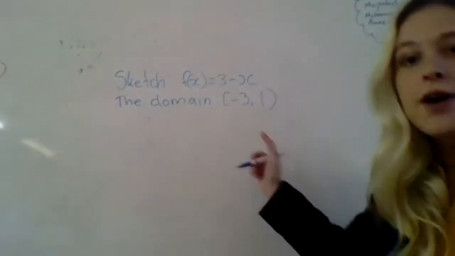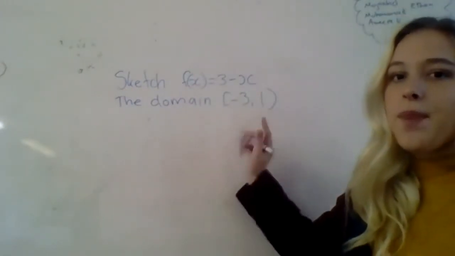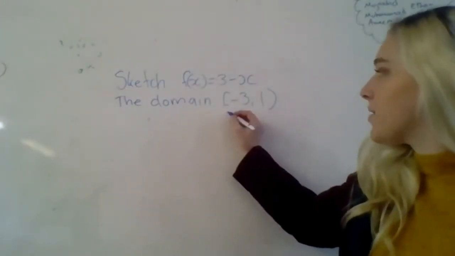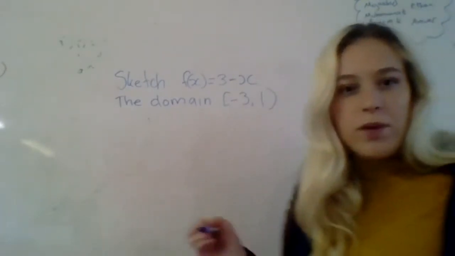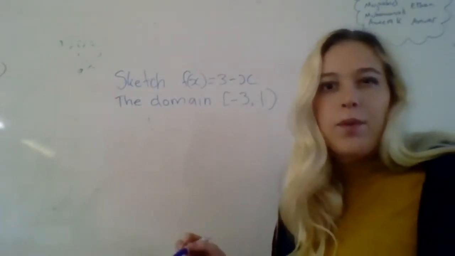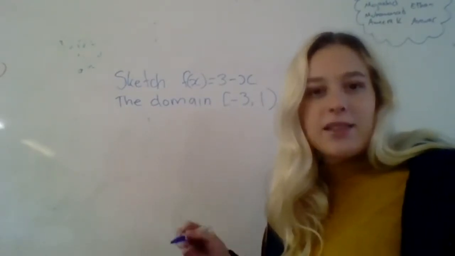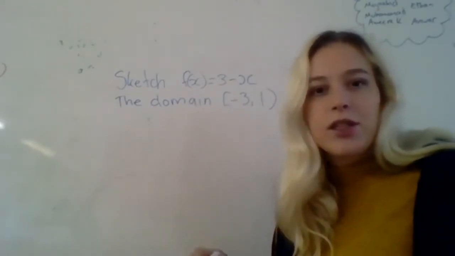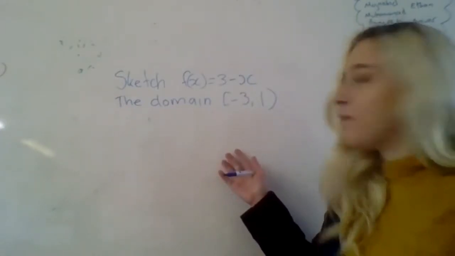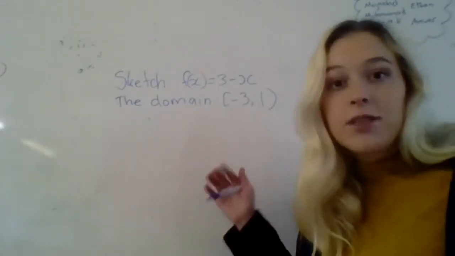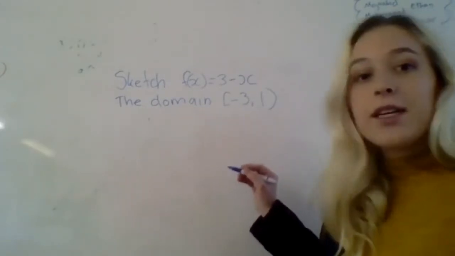Okay, I don't know if you can see how I've drawn my domain here. We have a square bracket and we have a circular bracket. Do we remember what that means? Remember when we did classification of numbers, integers, real numbers, we learned how to write intervals in set notation and interval notation.